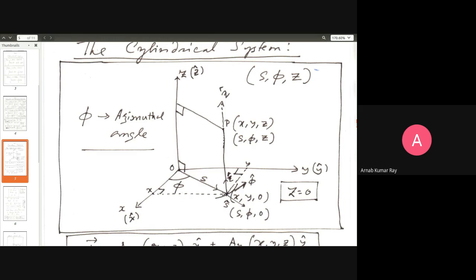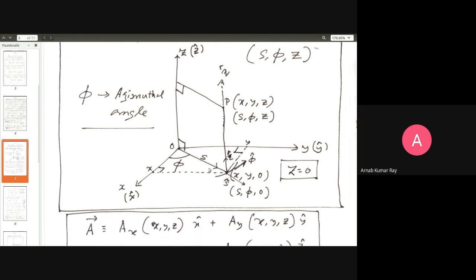So s is the hypotenuse of that right angle triangle. So s cap is the unit vector along this radial outward path that you have. What about phi? Follow carefully. Phi starts from the x-axis, and it goes in a circular anti-clockwise direction.